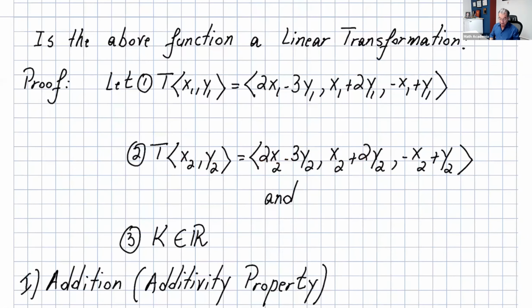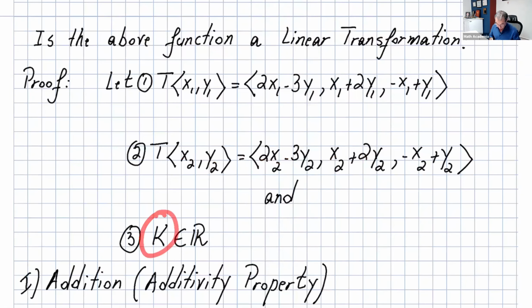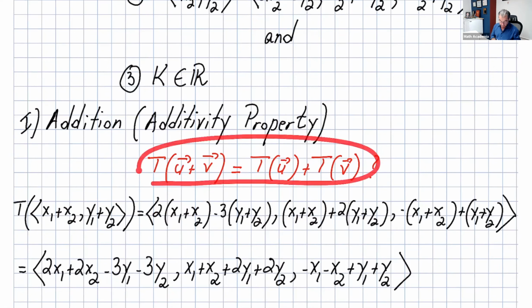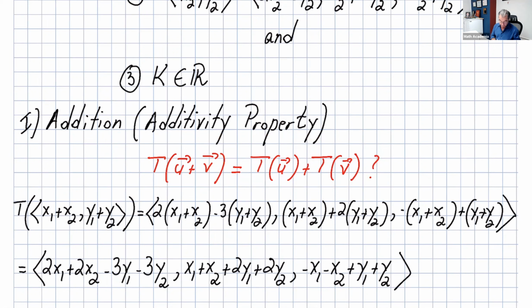And we always need a scalar. Here I called it k, which is a real number. So the first one, the additivity property, needs to be satisfied. Let's do T of (x1 plus x2, y1 plus y2): wherever you see x, you substitute x1 plus x2, and wherever you see y, substitute y1 plus y2.